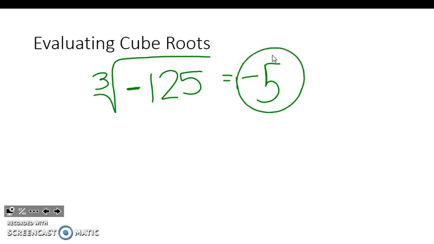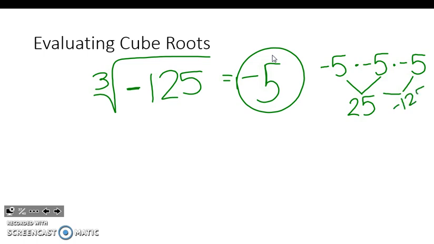That means if I took -5 times -5 times -5, I should get -125. -5 times -5 is a positive 25, but then 25 times -5 is -125. So our answer is -5.